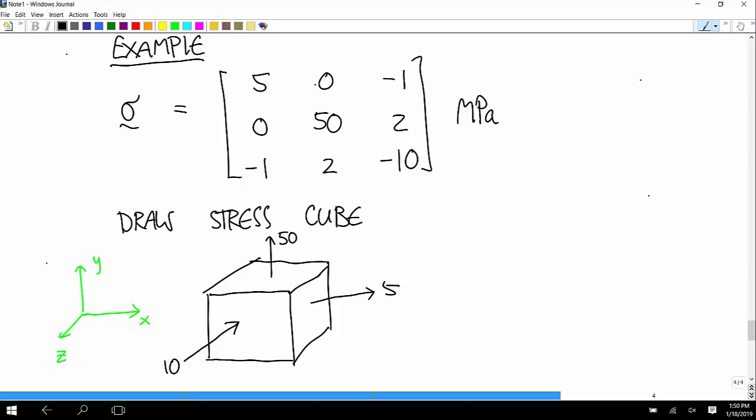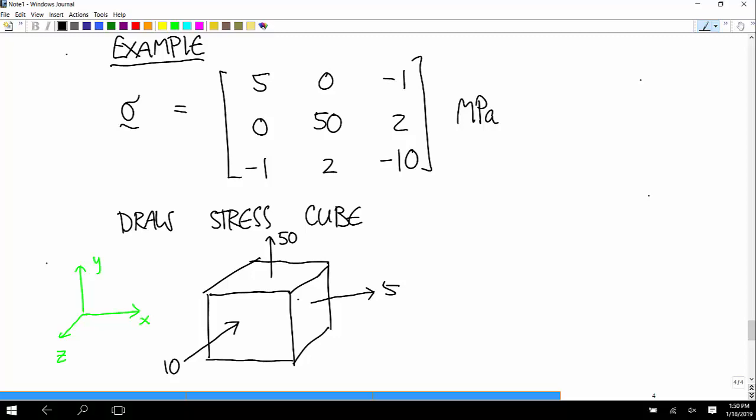Now, which element of stress is this 0? XY, so there's nothing on the X face in the Y direction, and therefore there's nothing on the Y face in the X direction because of symmetry. The -1, which stress is that?